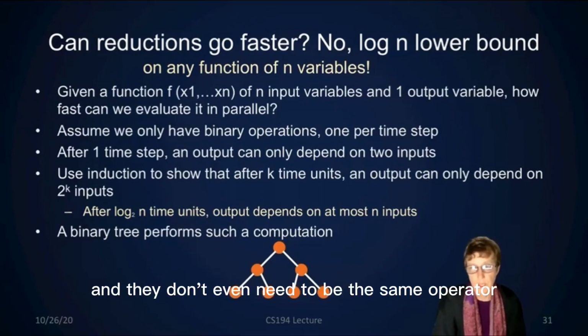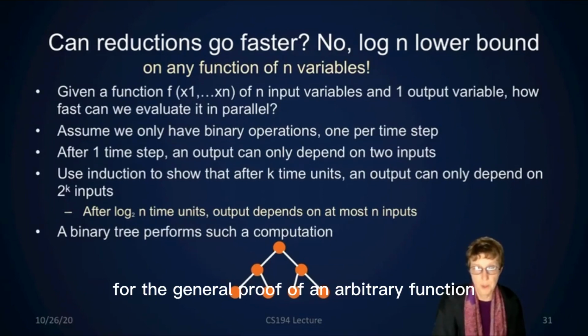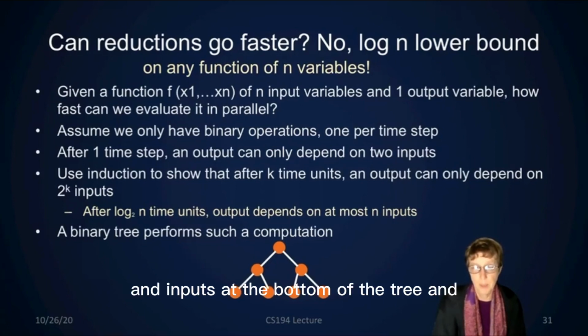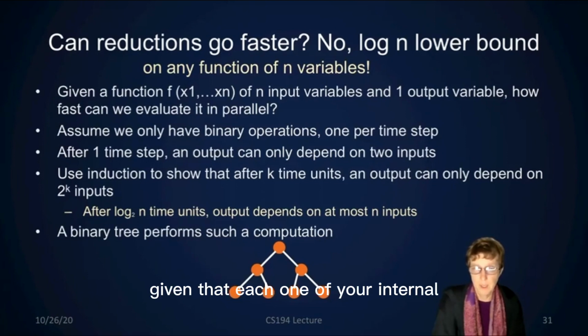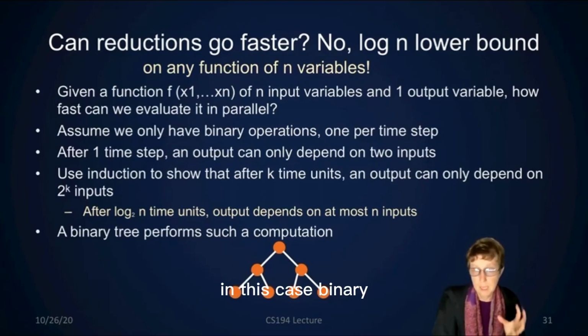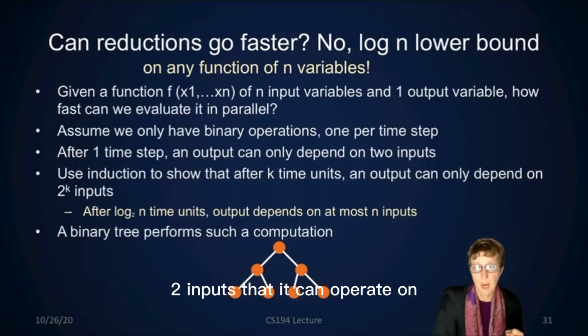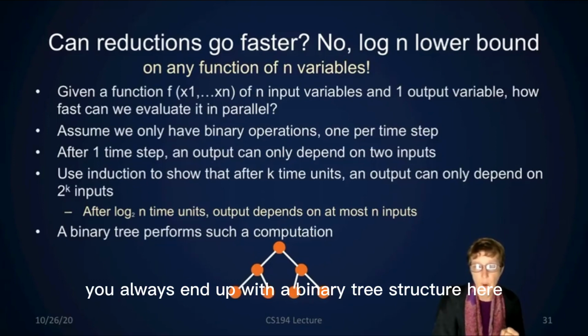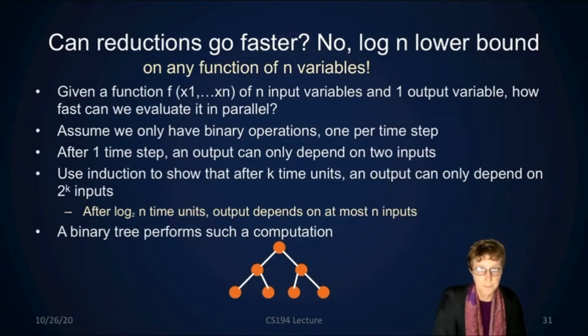And they don't even need to be the same operator. For the general proof of an arbitrary function, the point is that you've got n inputs at the bottom of the tree. And given that each one of your internal operators has only a constant number, in this case binary, 2 inputs that it can operate on to produce a single output, you always end up with a binary tree structure here, and that has depth log n.